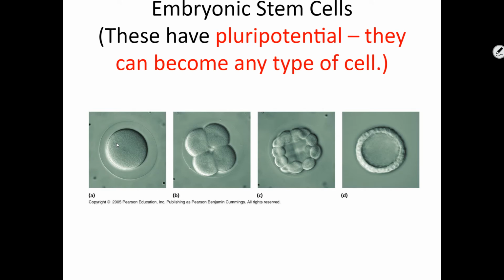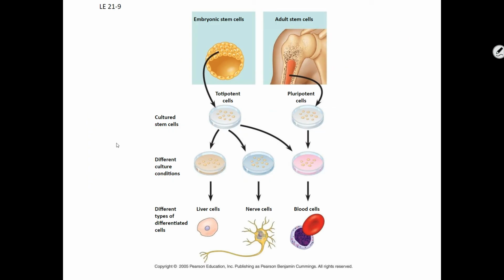So let's talk a little about stem cells. We mentioned a little bit about that in the previous slide, just didn't call them that. A stem cell is said to be pluripotent, meaning they have the potential to become any kind of cell. Sometimes you will see this called totipotent, which is just totally potent.